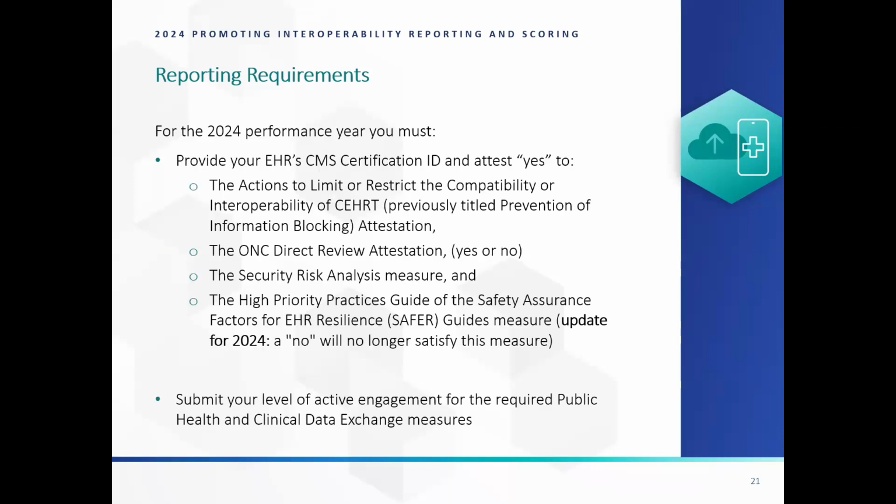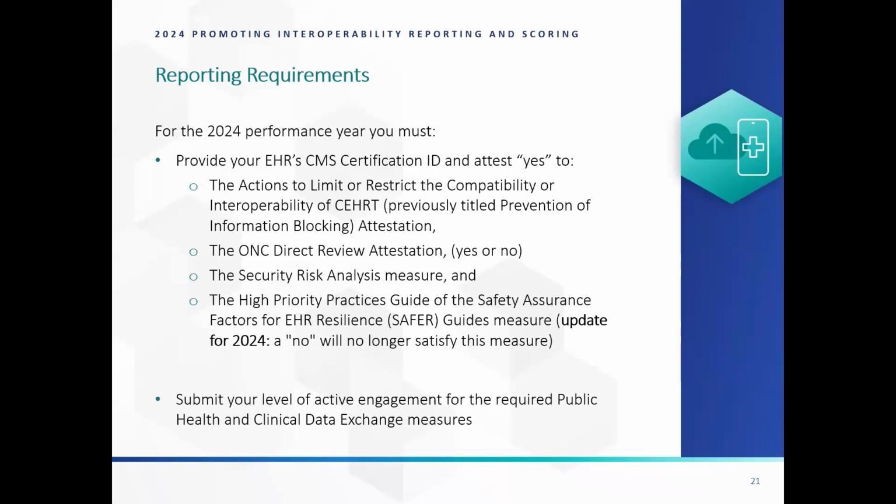Okay, so in addition to your required measures, you have attestations. So we have an information blocking attestation, which are actions to limit or restrict the compatibility or interoperability of CERT. So you must attest yes to that. If you attest no, you will fail.